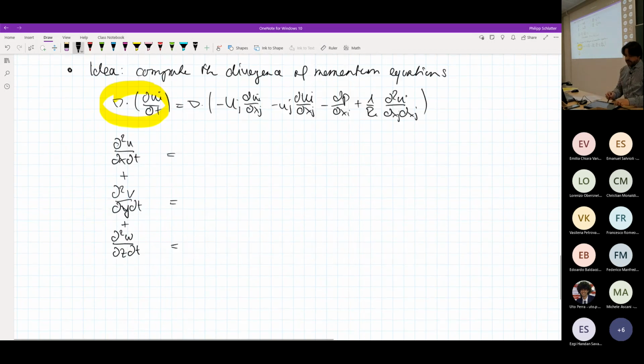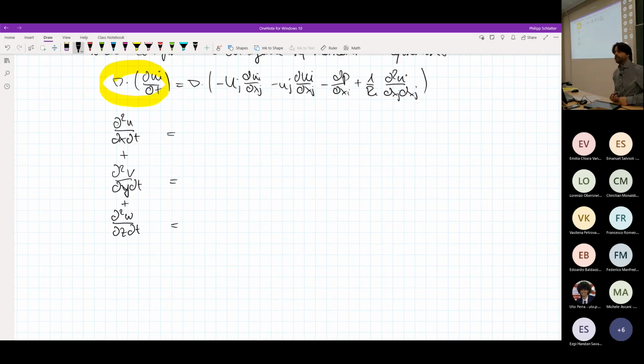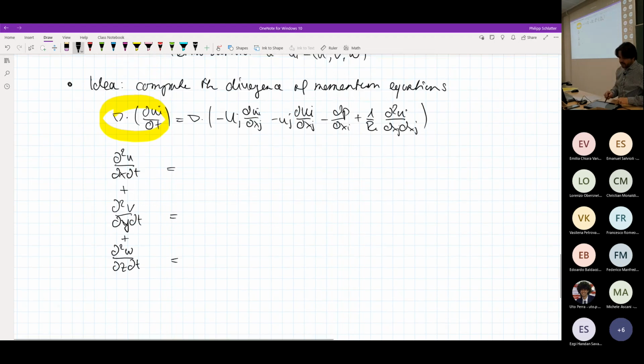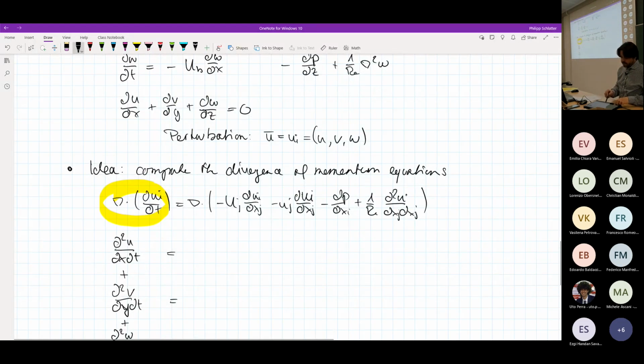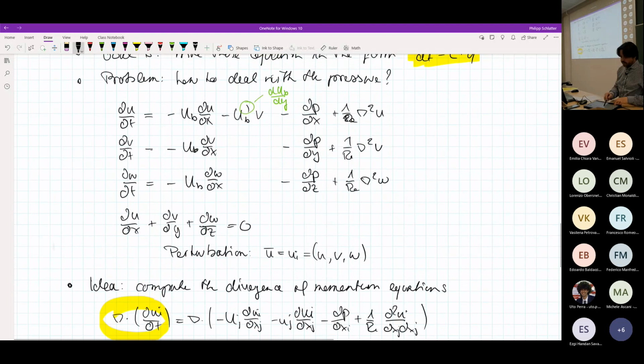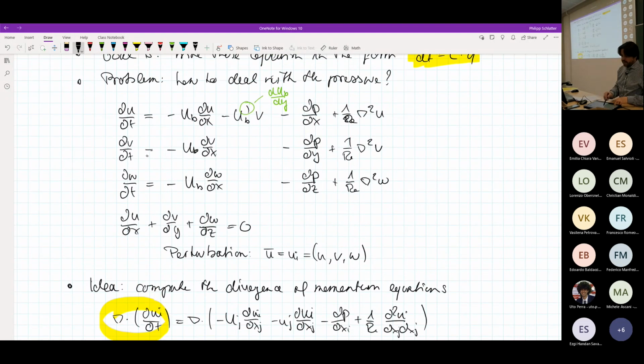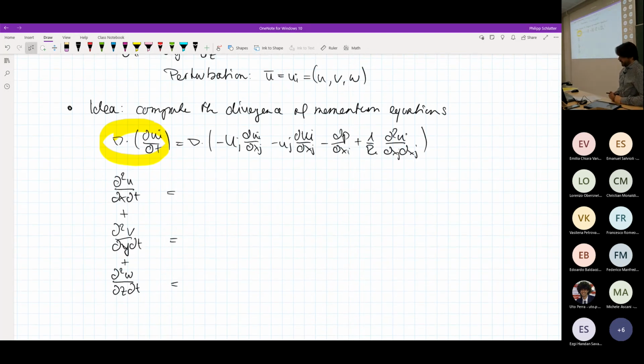I guess you realize that the divergence equation, of course, in the end is a scalar equation, so I need to add all the components together. So that means I'm writing here on the first row the x derivative of this one here. In the second row, it will be the y derivative, and then the third row, the z derivative of the last row. That will give me then the divergence at the end.